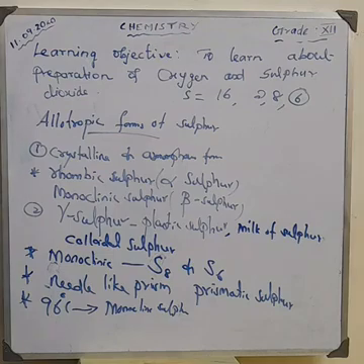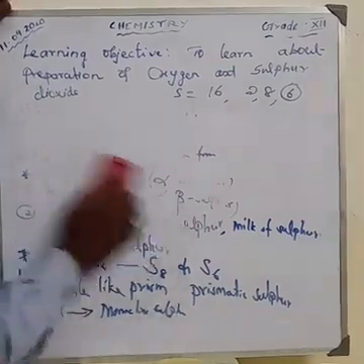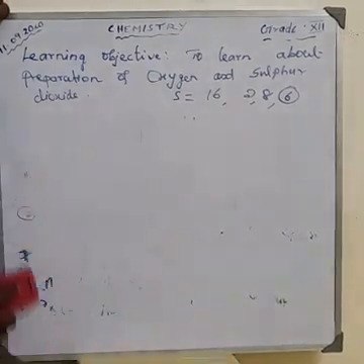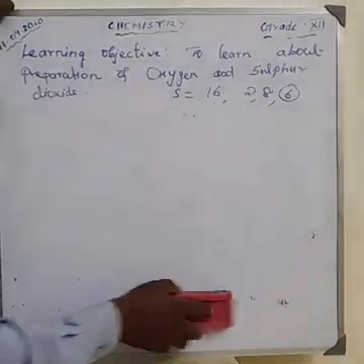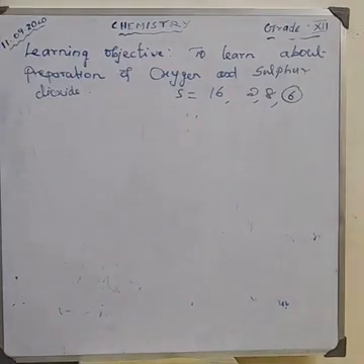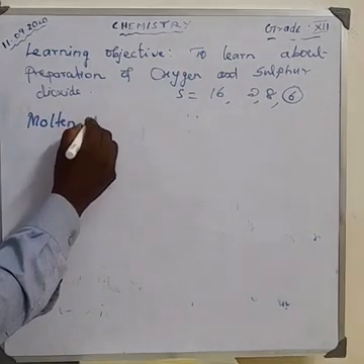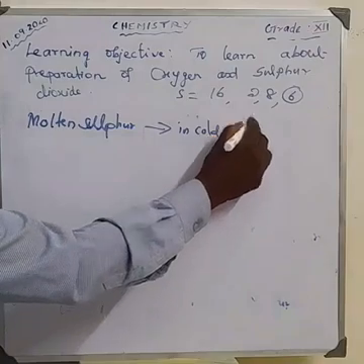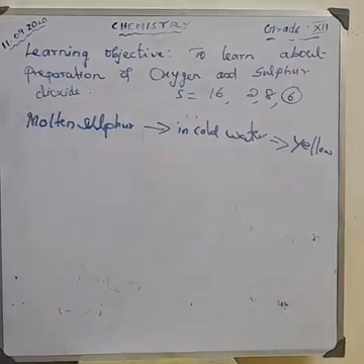Next, when molten sulfur is poured into cold water, it becomes yellow, and a rubbery ribbon of plastic sulfur is produced.